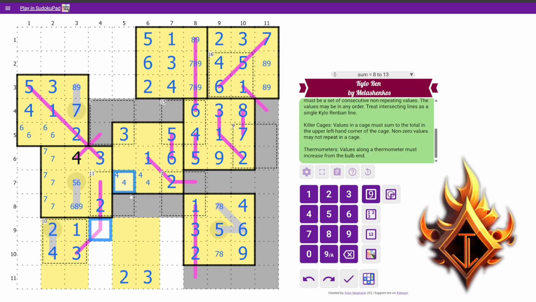So, what else can we do here? A 1 could still go there. If it did, the 1 would go there. That would be... If this was 1, what was I saying?